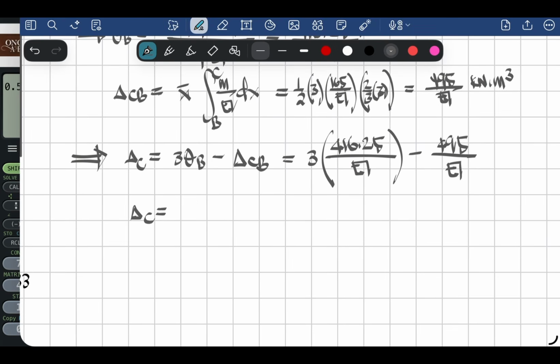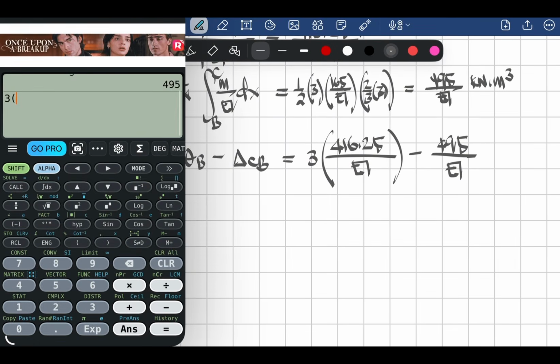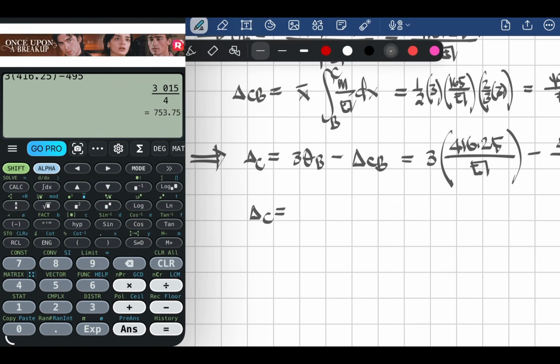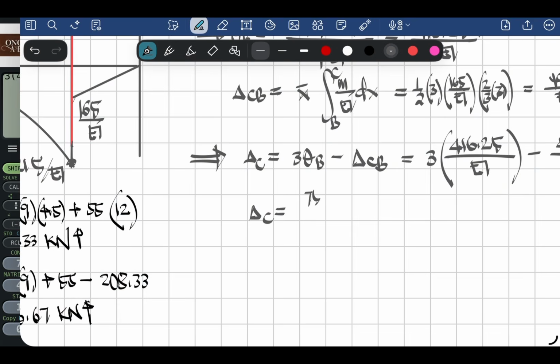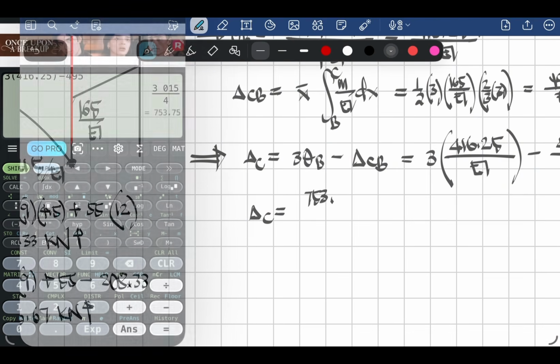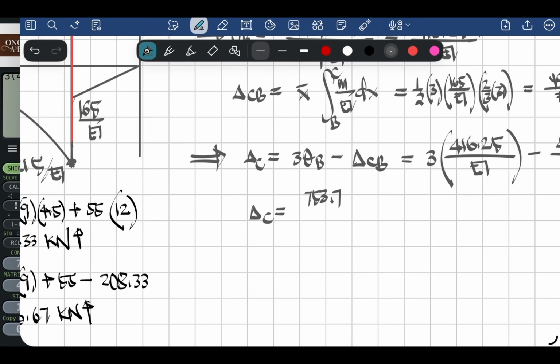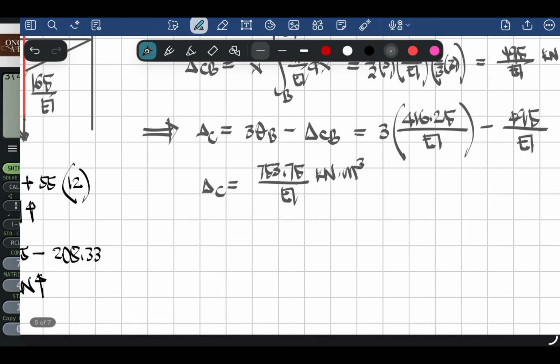Delta C is equal to 3 times 416.25 minus 495, which is 753.75 over EI in kilonewton meter cube.